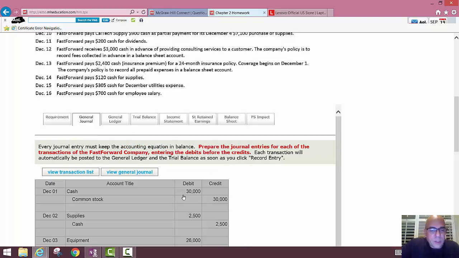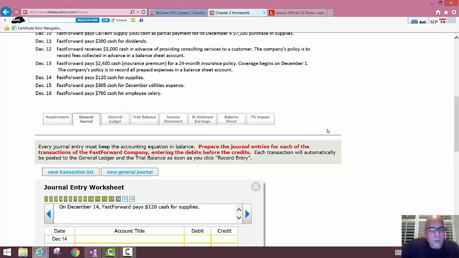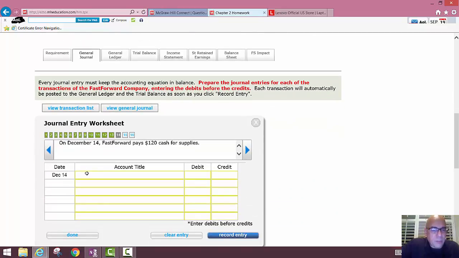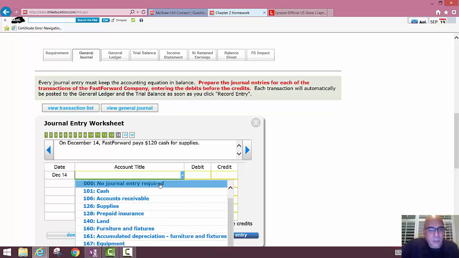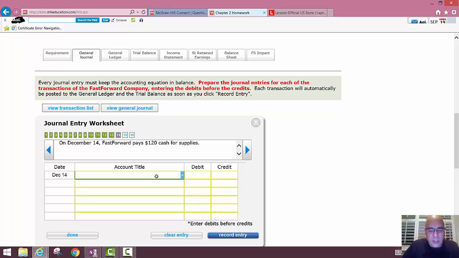I know this is not what this is asking, but just bear with me. The journal entry that I would make for the 1 month that it has expired, it's $100 a month that expires on that insurance. So let me see, do they have insurance expense in this ledger? Probably not, so I can't debit the insurance expense.